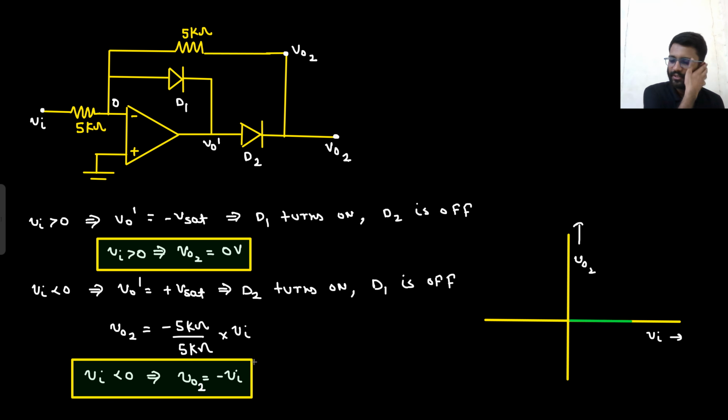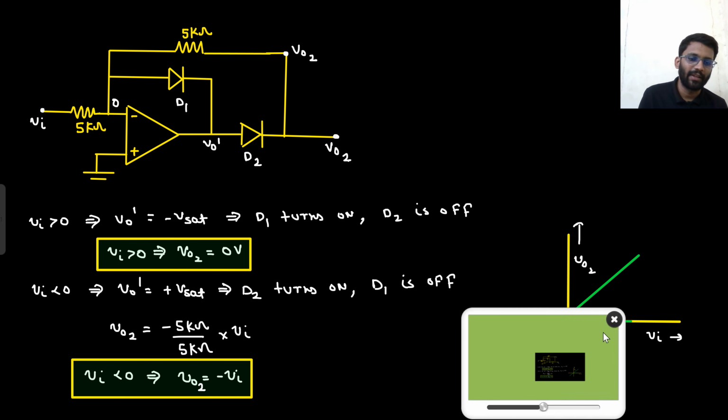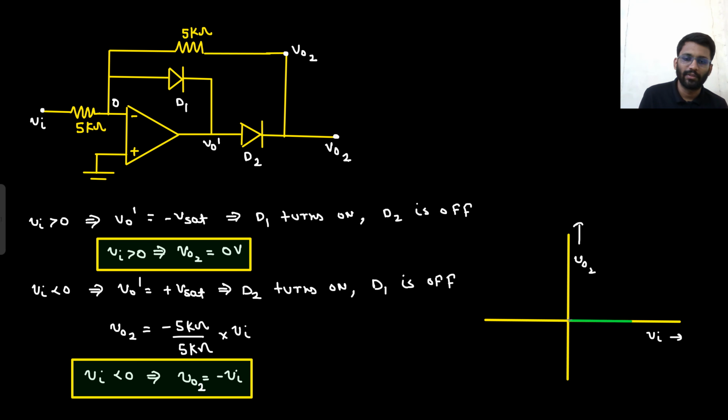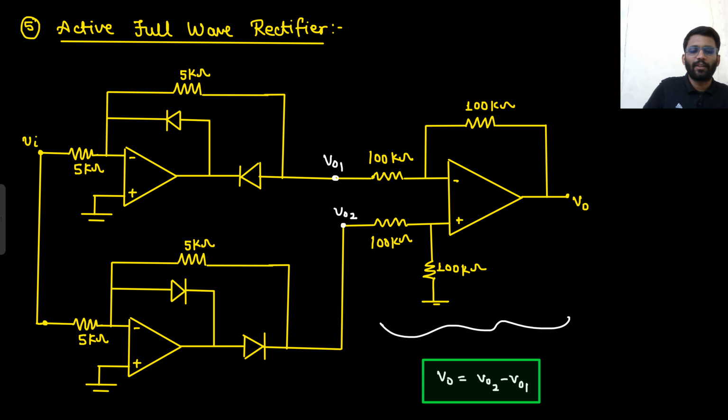And for V in less than 0, V02 is equal to minus V in. This is positive slope, but you need to make negative slope. This will be the negative slope. This is your V02. What was your final output? Your final output was V02 minus V01.